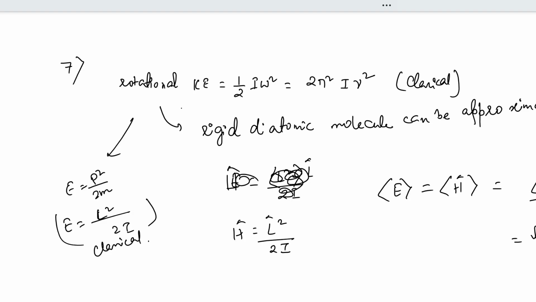The L square eigenvalue, you know, is L into L plus 1 h cut square.